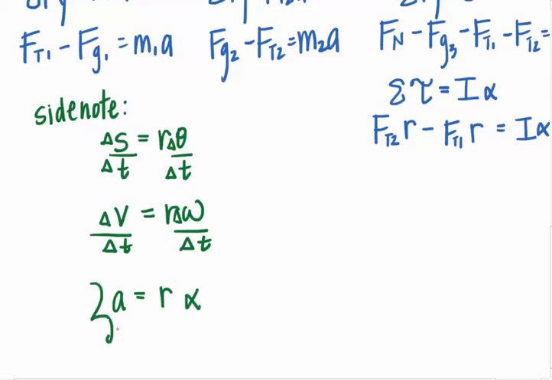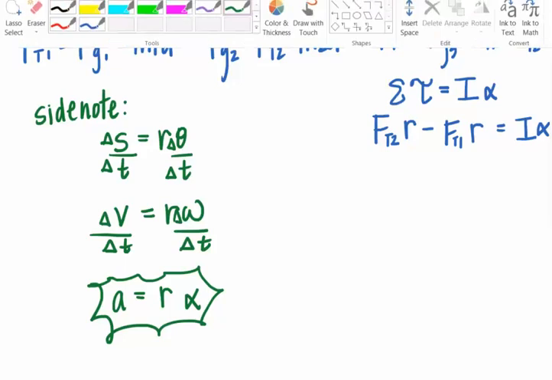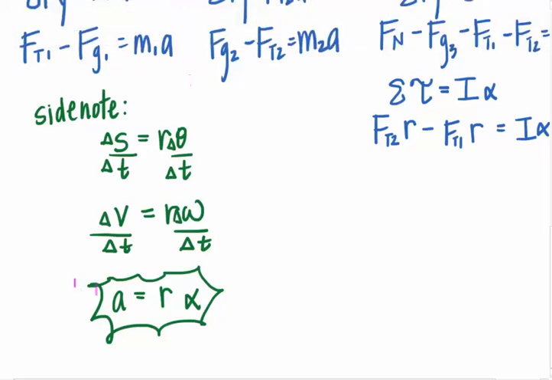This right here, a equals R alpha, is essential for your success. So important. That is going to be the connector between this acceleration and that angular acceleration. We have to connect them.